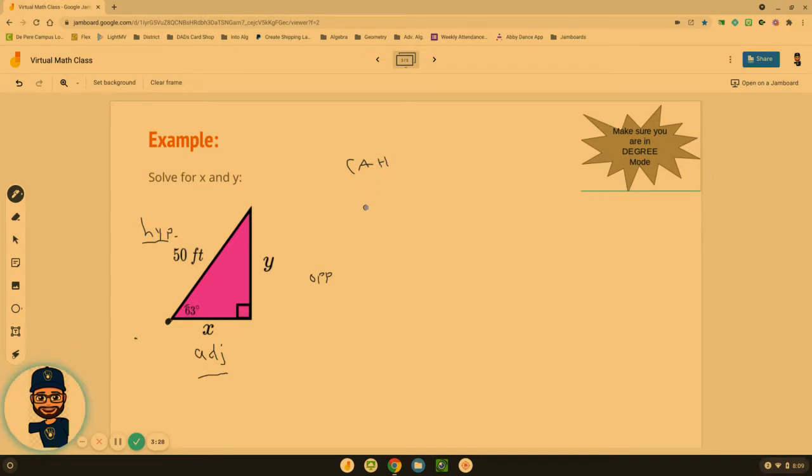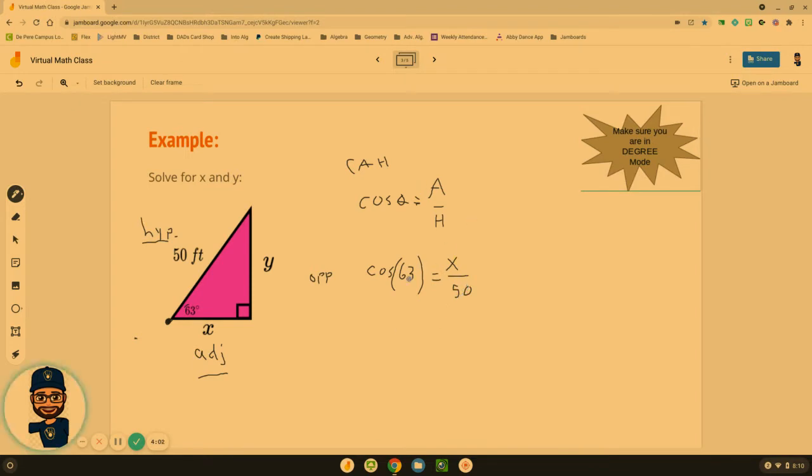Cosine of our angle measure equals the adjacent over the hypotenuse. Filling in what we know: cosine of 63 equals x over 50.